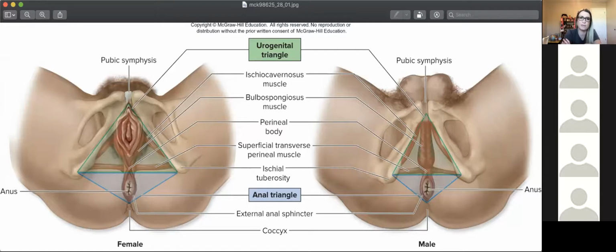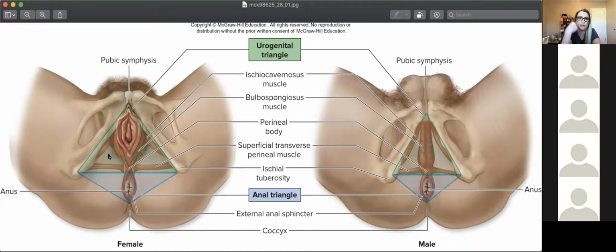You can see in females, the angle there is wider. So the female pelvis is wider. This is to accommodate the passage of the fetus during childbirth. Males don't have a need for that, so their angle there is narrower. The two areas that we can describe are the urogenital triangle and the anal triangle.